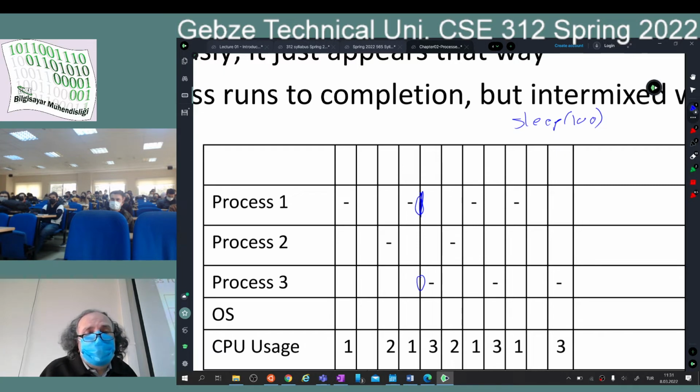If you don't have a timer interrupt on your machine, that means what? This process 1 can take the CPU. If there are no timer interrupts, it can indefinitely keep using the CPU without giving it away to the other processes.